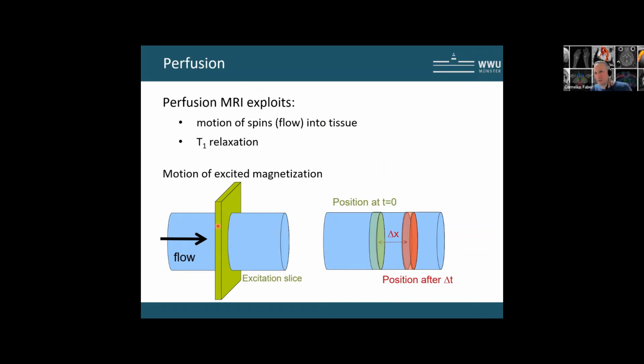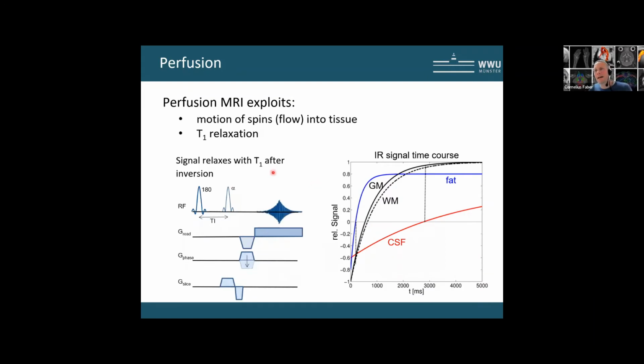So for example, if you do excitation of a slice or saturation, and we wait a few milliseconds, seconds, then the blood will have moved, and it will be at a different position. And this is what is exploited for the time of flight imaging, for example, but this is also what is exploited to measure perfusion.